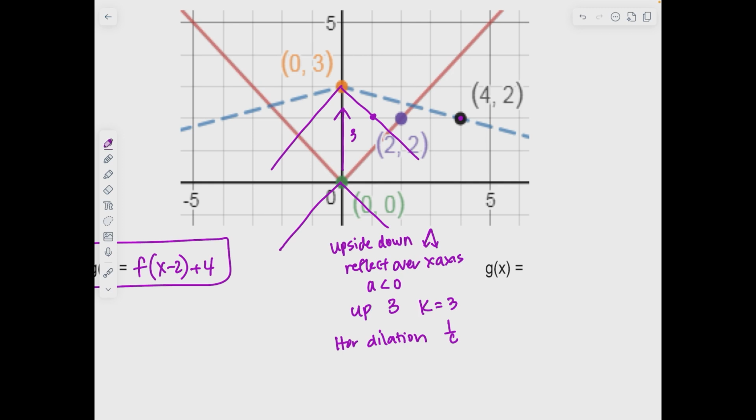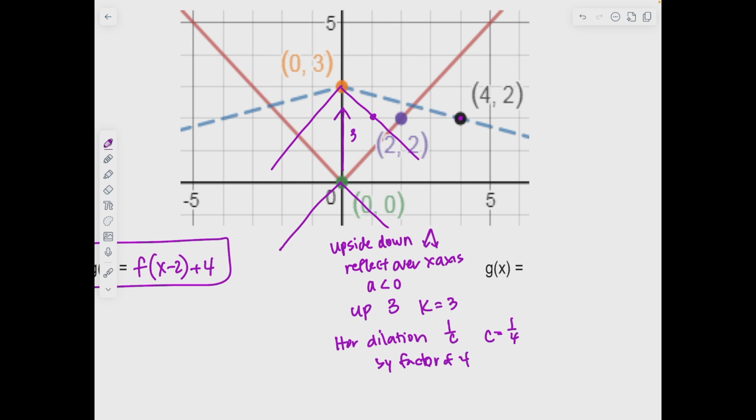Because if I reflect and then go up, to get from 1, 2 to 4, 2, c is going to have to be 1/4, because the reciprocal of c is going to be 4. So, dilation by a factor of 4.